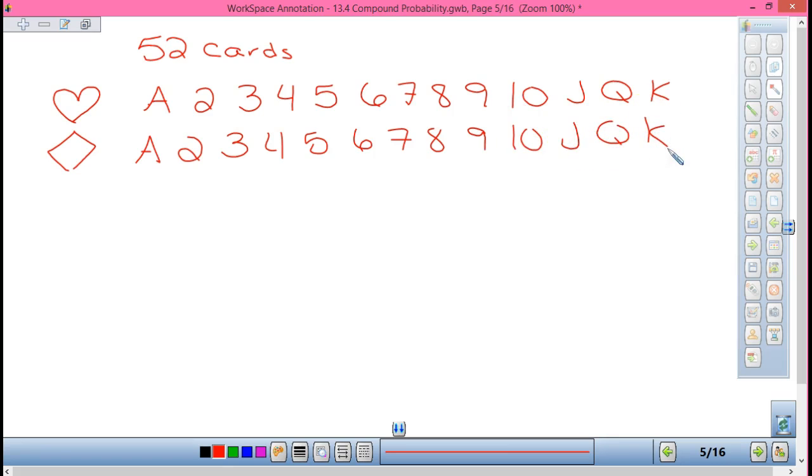All right, and then I've got black suits. One is your clubs and spades.